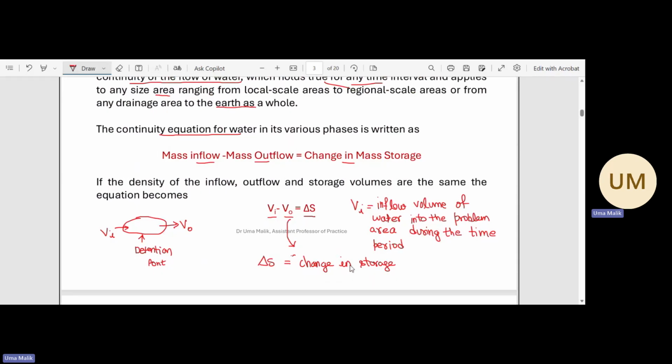So we write it as the change in storage of the water volume over and under the given area during the given time period. Okay, so that is your equation.